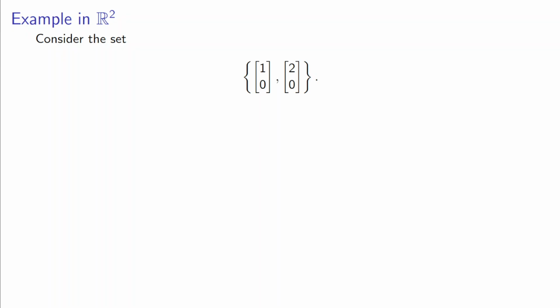So let's take a look at some examples here. Let's say we have these two vectors in R2, and we want to know if they are a basis for R2. So is this set a basis for R2?